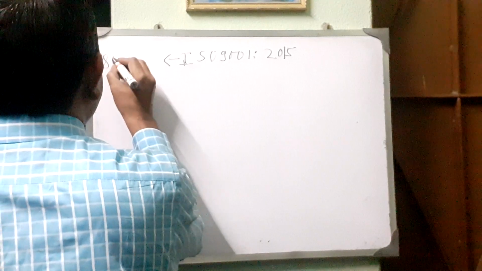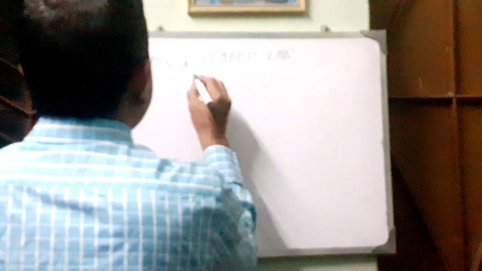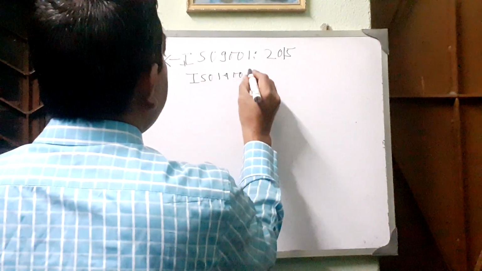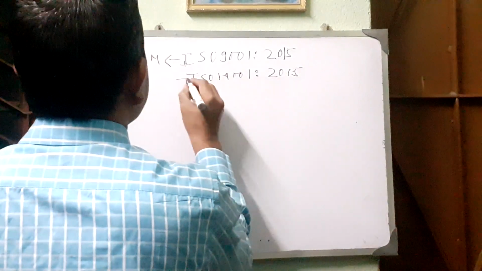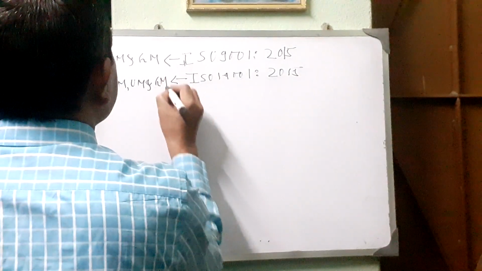The quality control manager and the GM, general manager. ISO 14001:2015, who will be responsible? QC, the quality control manager, the utility manager and the GM also.